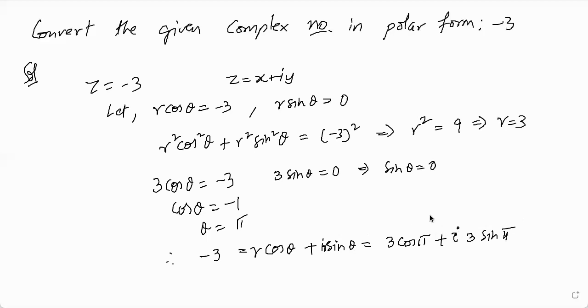The polar form is 3 times cos pi plus i sin pi, or 3 e to the power of i pi. So this is the required polar form.